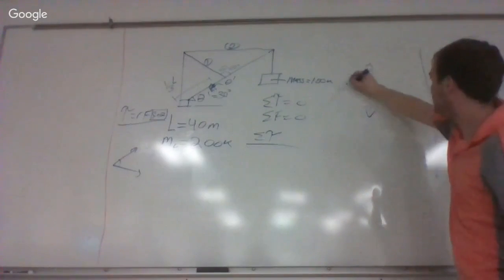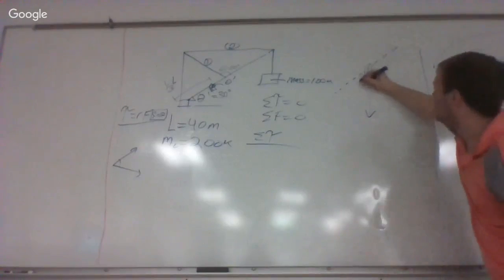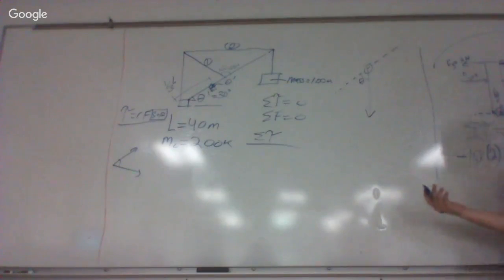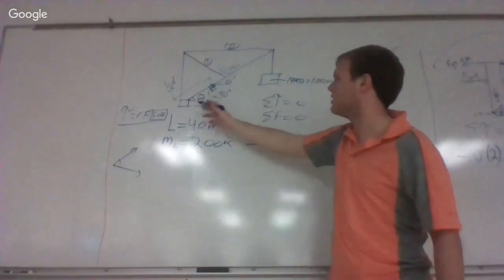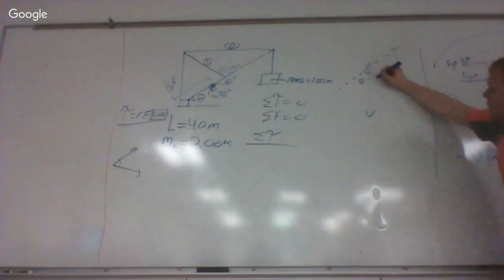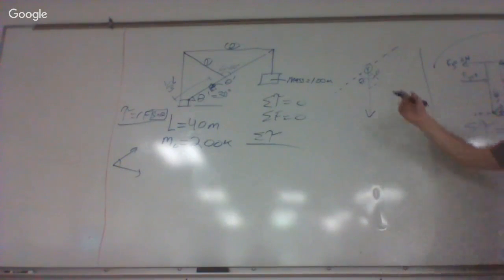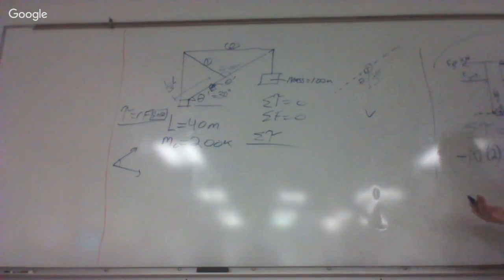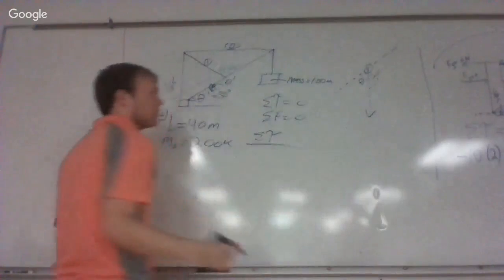Let me draw this one. Force coming down, crane. A triangle, this is 90 degrees, 90 plus 30. We need this angle, so that's the complement.